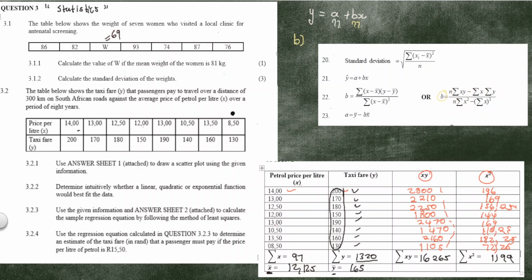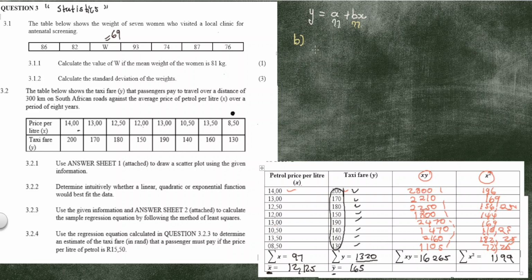So this is the formula we're going to be using. b is equal to n, sum of xy minus sum of x multiplied by sum of y, everything divided by n sum of x squared minus sum of x, everything squared.